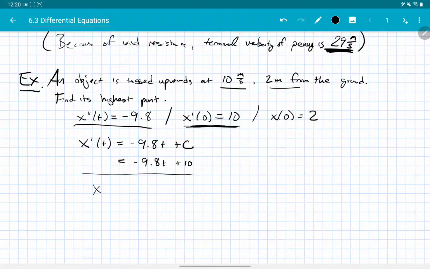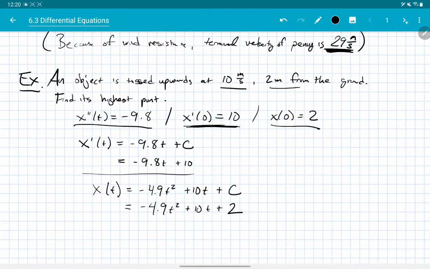Now we want to find x itself, the position function. That is going to be negative 4.9t squared plus 10t plus a constant. This constant tells where the position is at time 0, which is 2. So this is the function, negative 4.9t squared plus 10t plus 2. This is the position function.